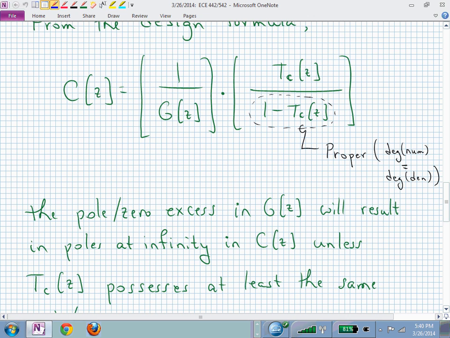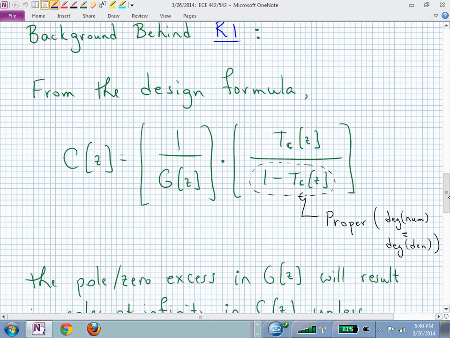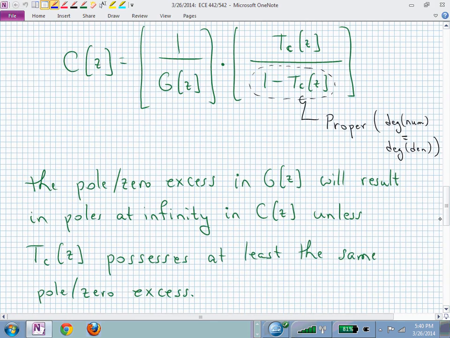Take a hypothetical: given this formula, let's say the pole zero excess in G of Z is 2.